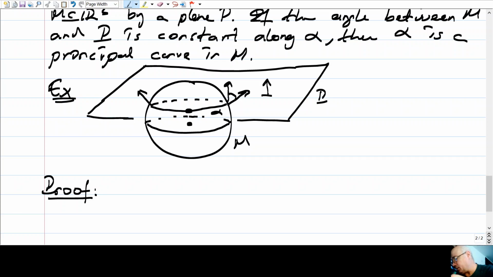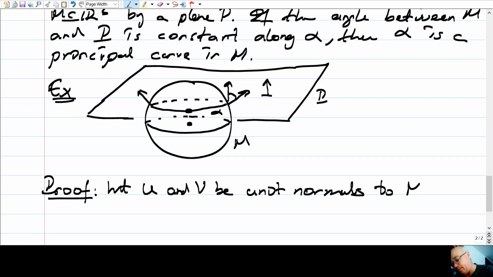All right, let's see the proof of the lemma. Let u and v be unit normals to M and P respectively. So this is the normal to the plane, and this is the normal to the sphere, u, respectively.